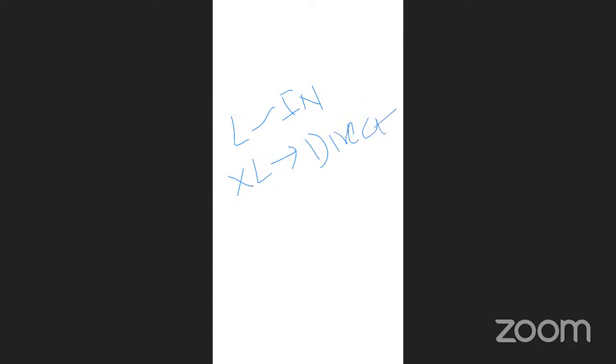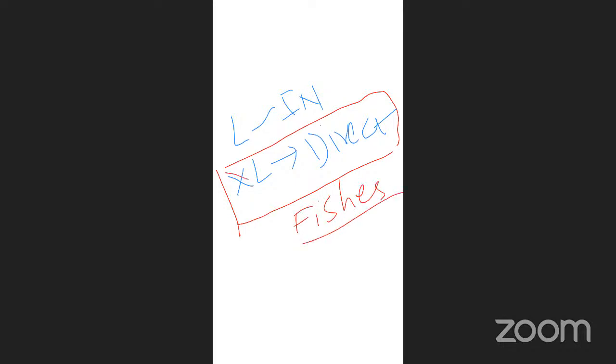This direct development you can see in the fishes; there is no larva. If any larval stage is there in the development, that is called indirect. If the larval stages are absent, that is called direct development. The example for direct development is the fishes. The example for indirect development is the starfish.